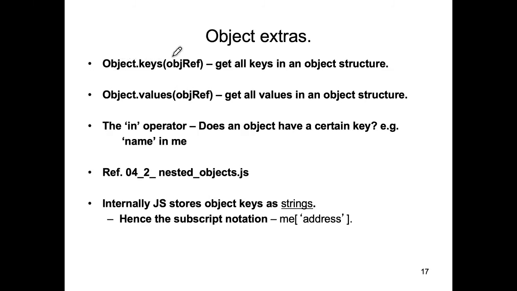If you pass it a reference to an actual data object, like the me object from our examples, then this expression evaluates to an array containing strings, and the strings are the actual keys within this object. What you want to do with that depends really, but that's how you can get at them.